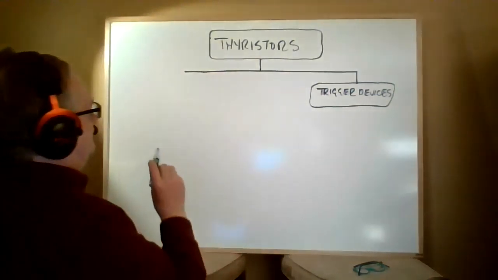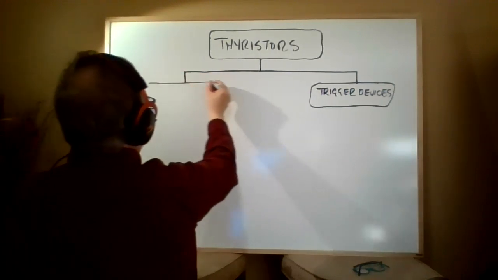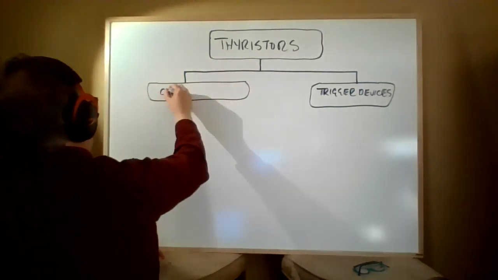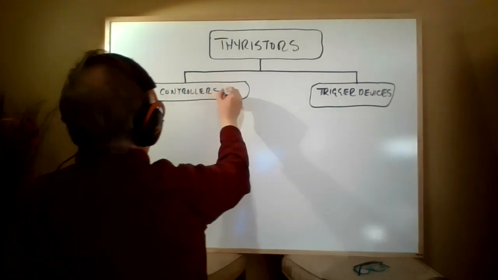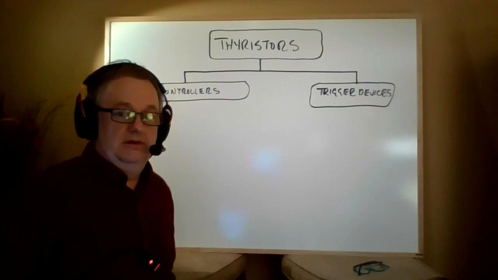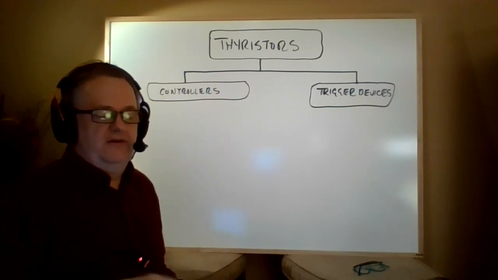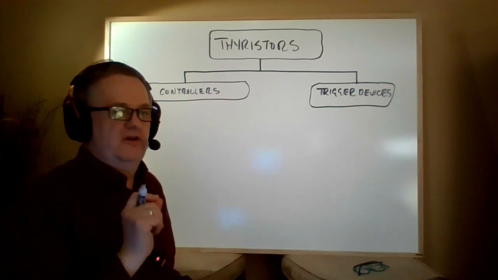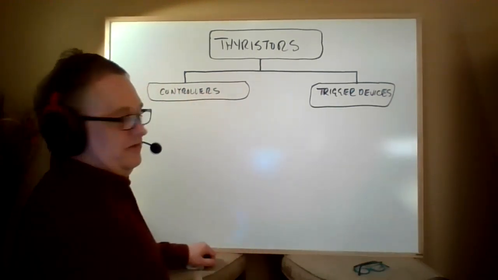So these thyristors are broken into two different groups. What we have is controllers. Now the controllers are going to be used to actually control the load circuit, and the trigger device will be the device that specifically kind of meters the little pulses that are needed to turn the controllers on, and in some cases off.